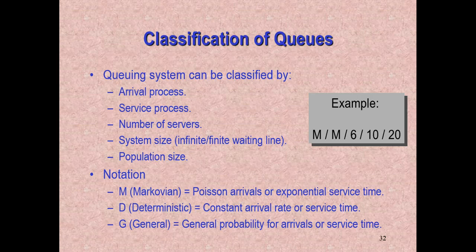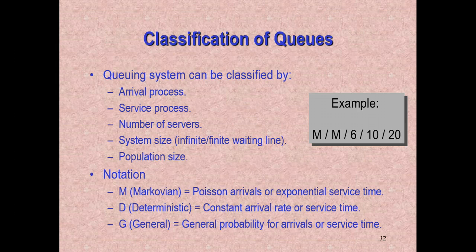So the fourth characteristic is the system size. And I guess before we understand that, the system is everything that encapsulates the people being served and the people waiting in line.